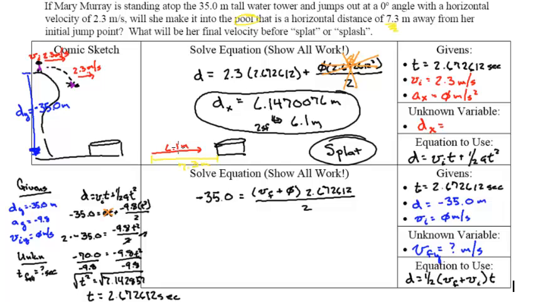In order to simplify, I'm going to multiply this side by 2 and this side by 2, so this cancels, giving me negative 70 equals velocity final plus 0, which is still velocity final, but it is multiplied by 2.672612. In order to get VF all by itself, I'll divide by 2.672612. Cancel. Whatever I do to the right, I've got to do to the left.